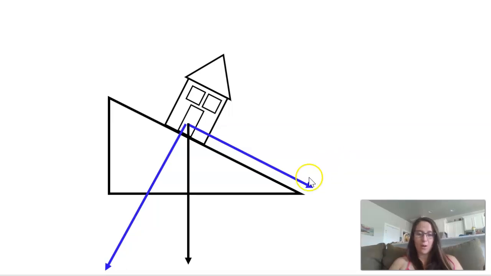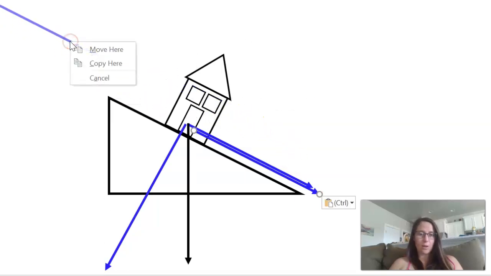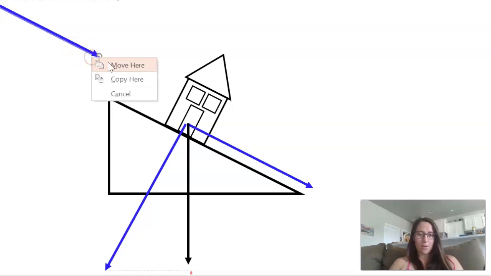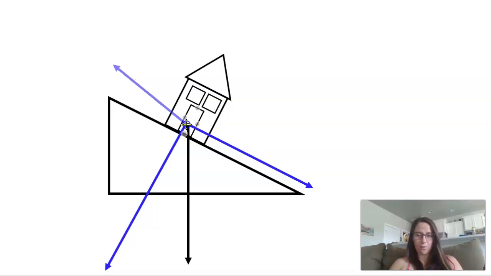Okay, so now we also know that there is a friction force being applied here, right? And we do actually know the length of the friction force, or we should be able to figure it out based on the answers that we got from the previous questions. So we know that it's 60,000 pounds force.